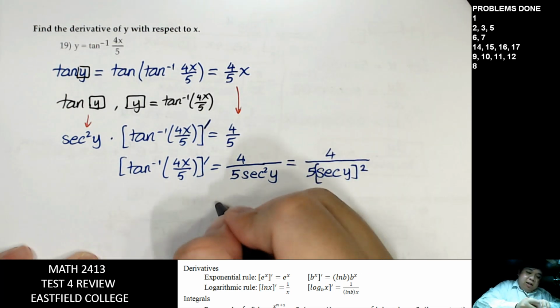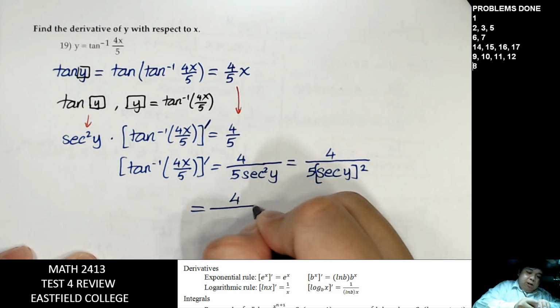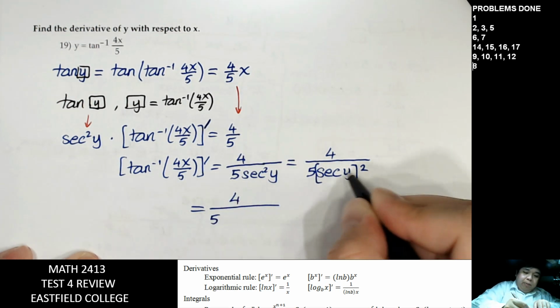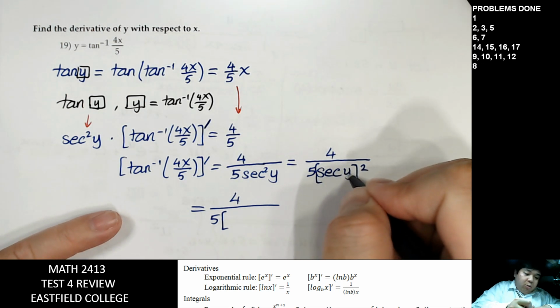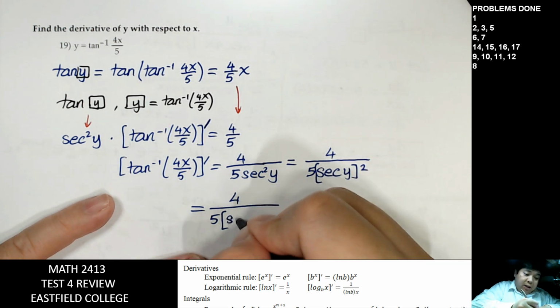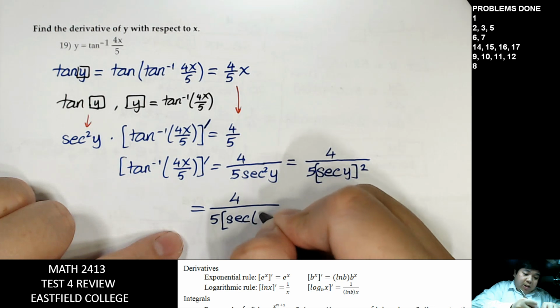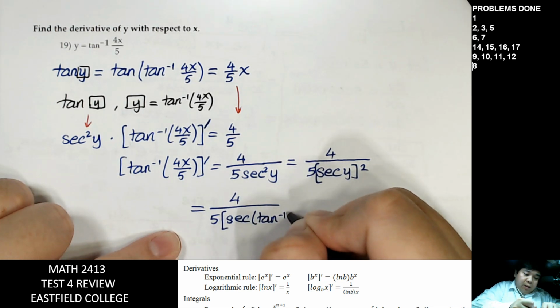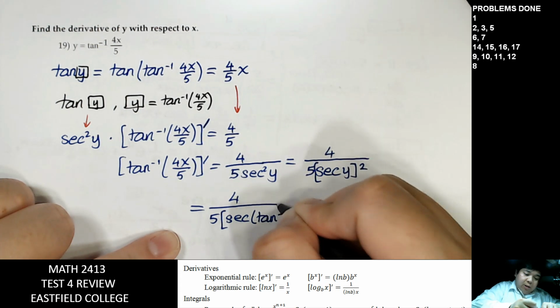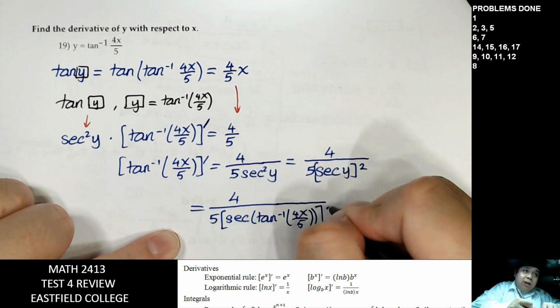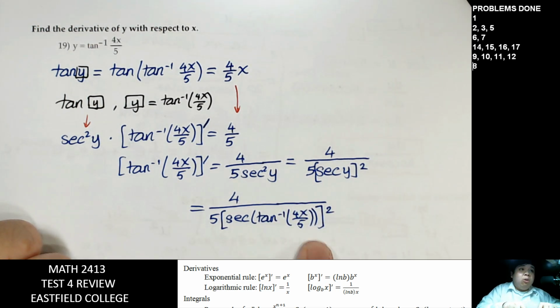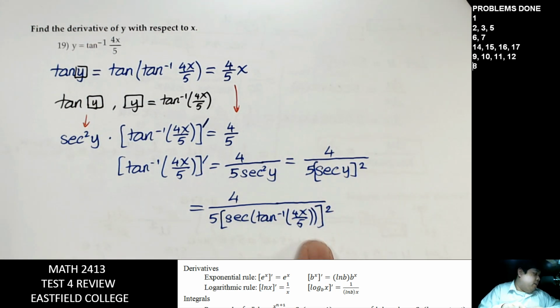We should write like that, or 5 secant of y is secant of tangent inverse of 4x over 5, squared. I just need to identify what that is, and then we're done.